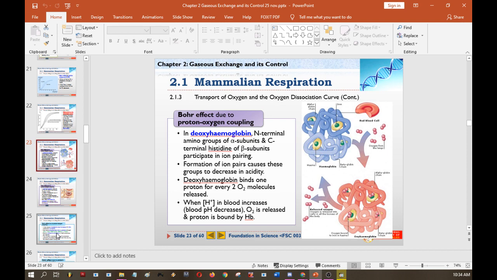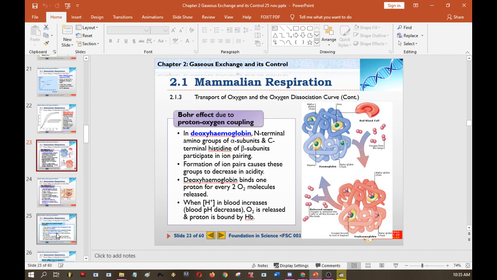During the transport of oxygen, your red blood cell and your hemoglobin will take up CO2, and at the same time neutralize the acidity within the blood. So you have H plus from the acid. It is actually bound to Hb.